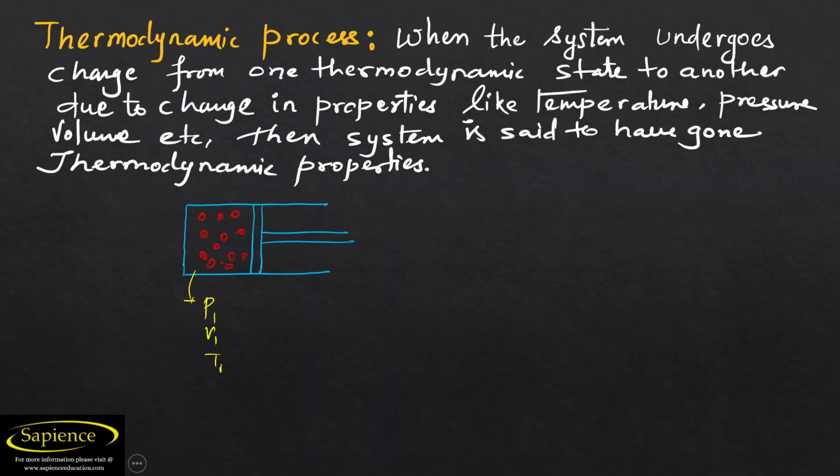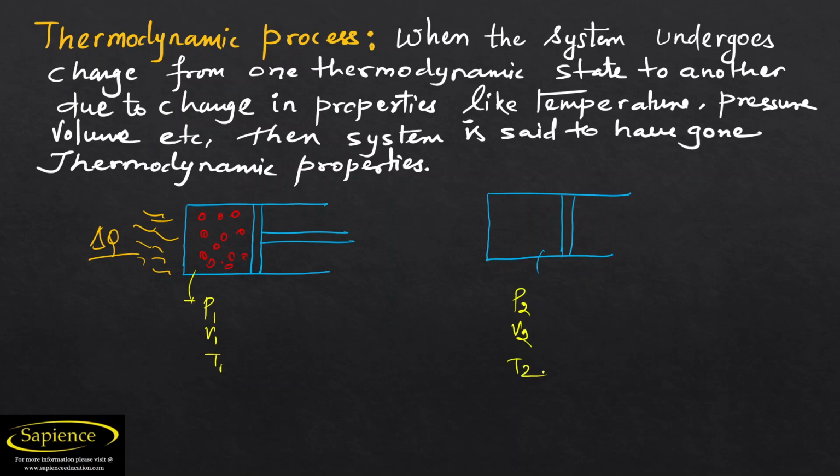What happens if we apply heat on this piston cylinder? If we apply a certain amount of heat, delta Q, what will happen? There will be a change in the property, due to the change in energy. The properties at this point may change, like the pressure may be P2, volume may be V2, and temperature will be T2.